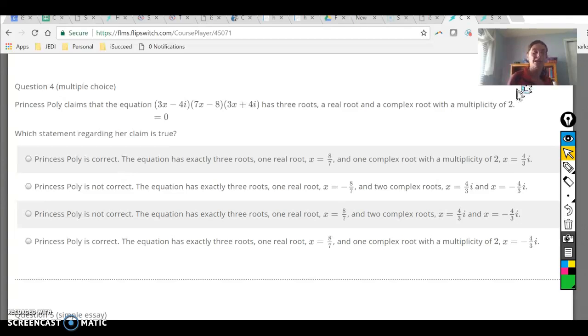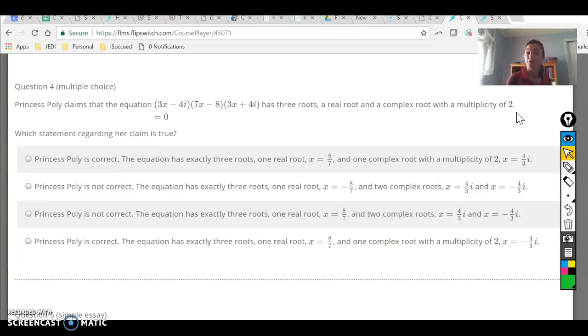And then in this case, we've got the complex conjugate root theorem as well, and that states that if a plus bi is a root of a polynomial, then the conjugate a minus bi is also going to be a root. So we're not going to have the multiplicity of 2 with -4/3 i or +4/3 i.